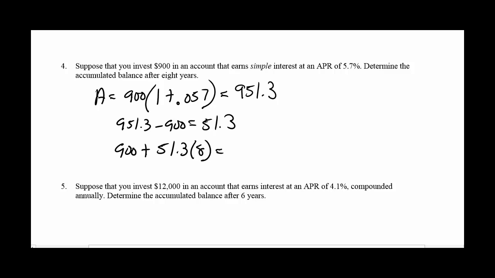So 900 plus 51.3 times 8. Oops. Okay, so at the end of 8 years, she'll have $1,310.40. I'm sorry.